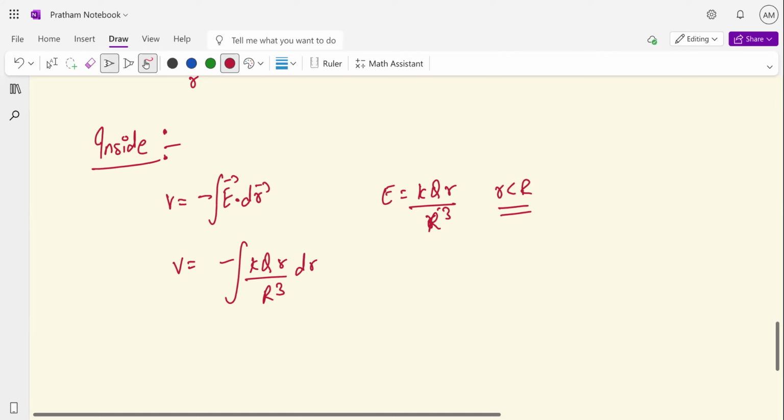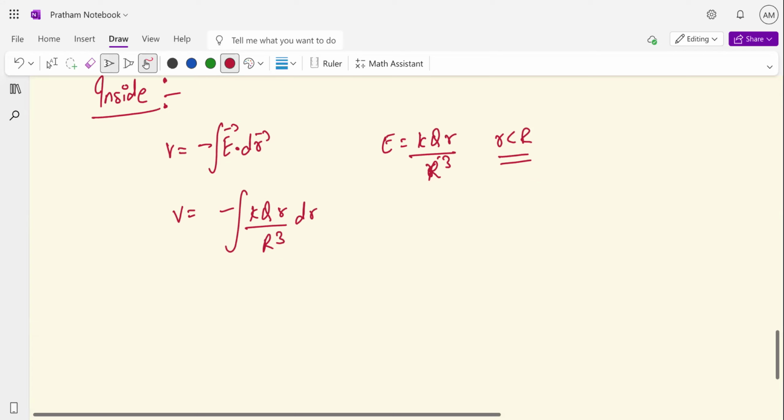From where to where am I going to integrate this? From 0 to r. So V equals minus k, and let's take kq and all the constant things outside. Now from where to where am I going?